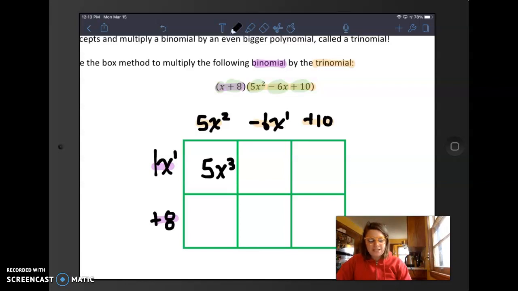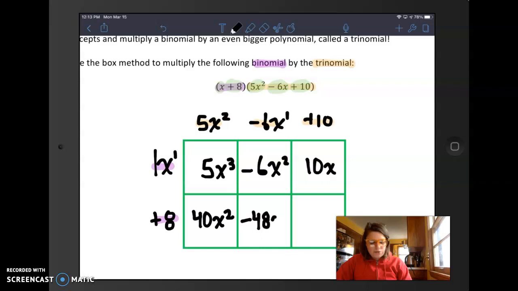All right, and we're just going to go to the right and keep going the same pattern that we've seen. So 1 times negative 6 is negative 6. 2 x's, so an x to the 1 and x to the 1, that's x squared. Finally, we have 1 times 10, that's 10. There's no x's with this number, so that means we just say there's only one x. Let's do the second row. 8 times 5 is 40, and then since there's no x's with the 8, you just keep the x's the same. 8 times negative 6 is negative 48.